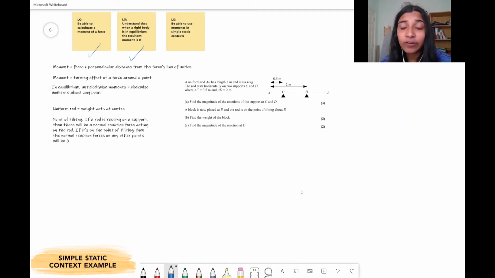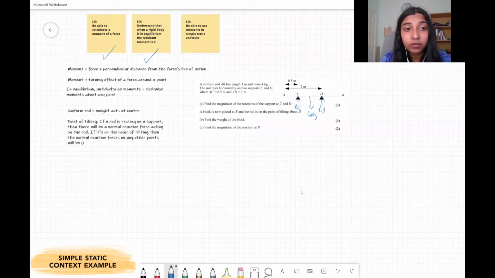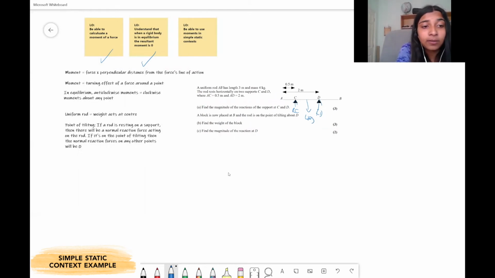So if we label our reaction forces, these would be going upwards. We'd have one here as RC and another one here as RD. And we have our weight, which is just 4G, acting in the center of the rod because it's uniform. So the first thing we want to do is resolve vertically. And we know that because the rod is resting, it's in equilibrium.